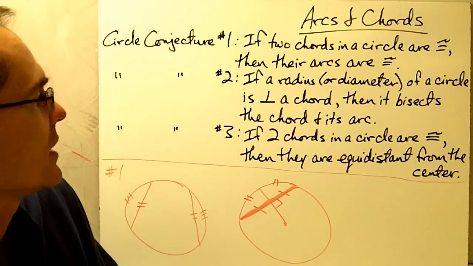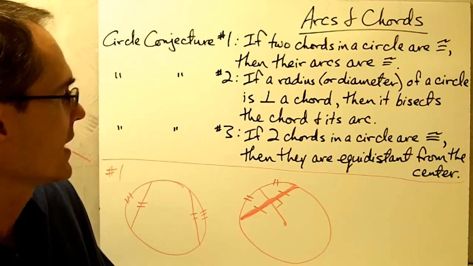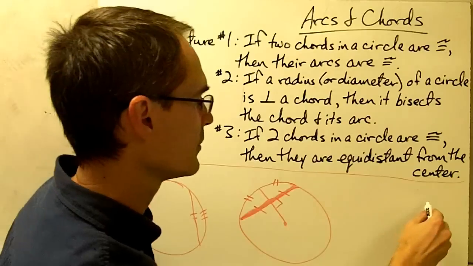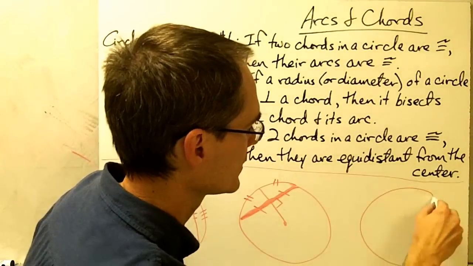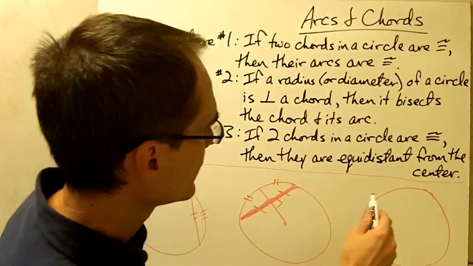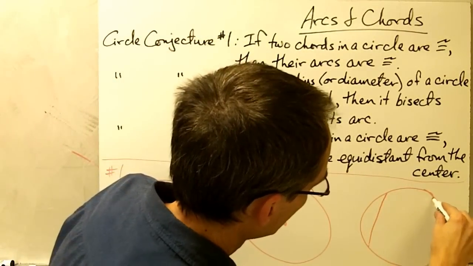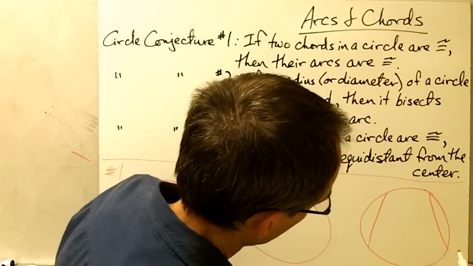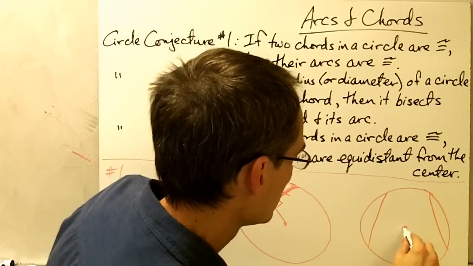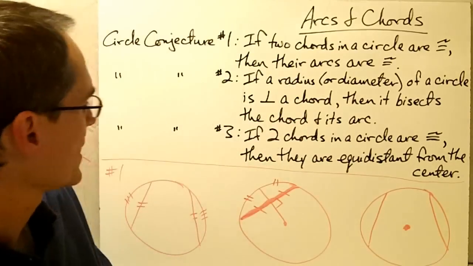Circle conjecture number three: if two chords in a circle are congruent, then they are equidistant from the center. So let's see, two chords that are congruent. Here's a chord, and let's make it congruent to this chord right here. And here's the center of my circle.